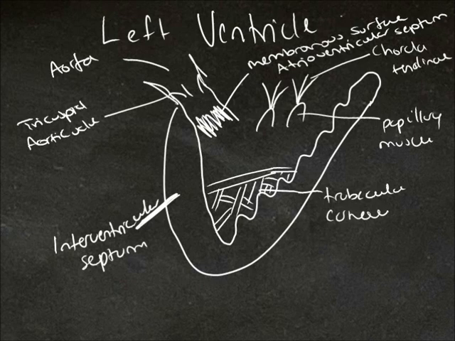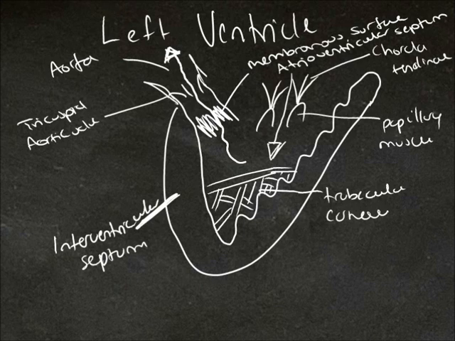So our oxygenated blood is coming from the pulmonary veins into the left atrium, through the mitral valve into the left ventricle, gets pumped out through the aortic valve into the aorta, and then out to the rest of the body.